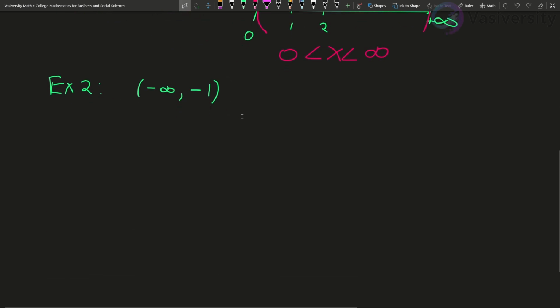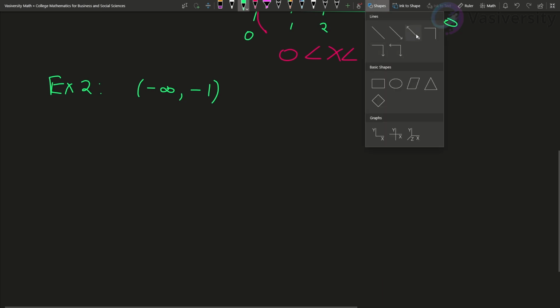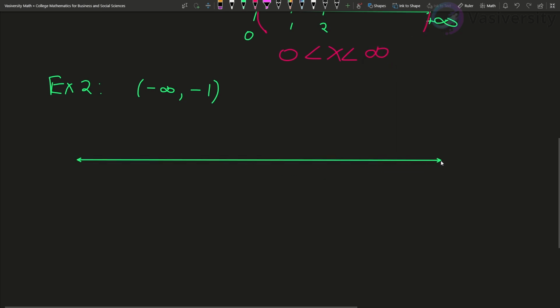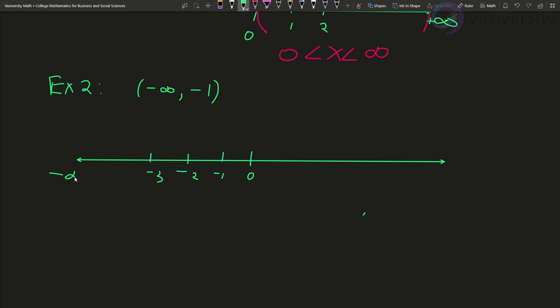So how would we draw that? We would have, once again, a number line. Here we have 0 in the middle, here we have -1, -2, -3, etc., and here we have negative infinity. So our interval is from negative infinity, not included, to -1, which is also not included. So it's everything in between them.